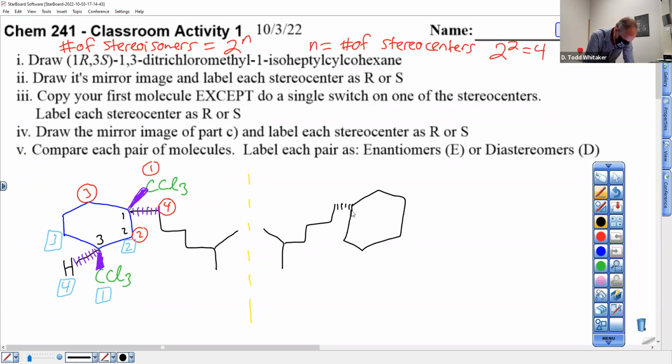Yeah, and then this. Always describe your bonds relative to the mirror. So describe how you draw this wedge relative to the mirror. Is it away from the mirror or towards the mirror? This bond right here. It's leaning to the right where the mirror is. Towards the mirror and up.